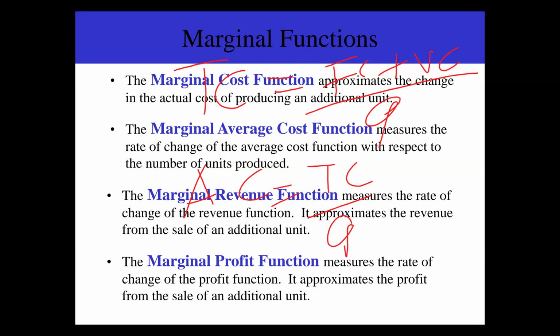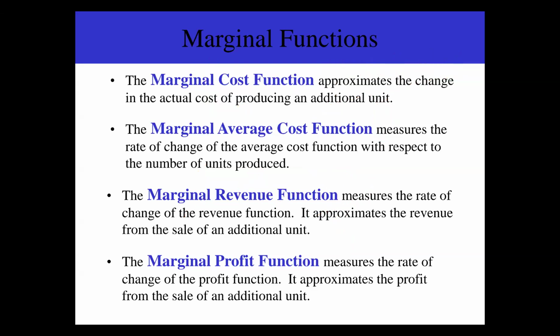Yes, it's clear, sir. The marginal revenue function comes from the total revenue function. Given the total revenue function, which is found by price times output, you differentiate it to find the marginal revenue function.